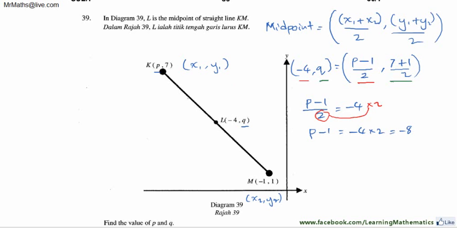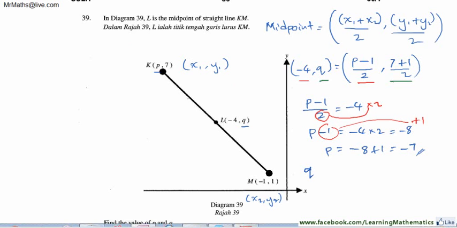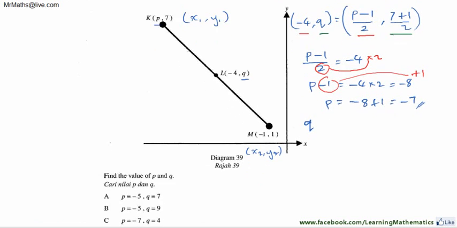And then we move minus 1 over there and it becomes plus 1. So P is minus 8 plus 1, which is equal to minus 7. And then let's find Q. Okay, we found out the P already. Let's also check what are the probable answers.